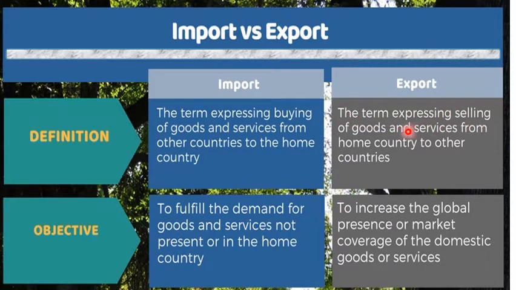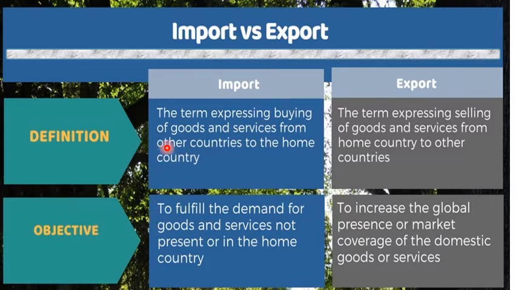The term expressing selling of goods and services from the home country, if we take the example of our country, means from Pakistan to other countries. Why do we have to go through these two processes, and why are they important?